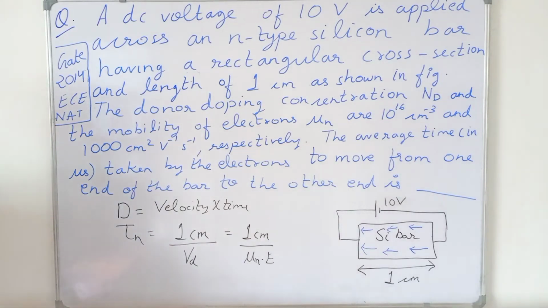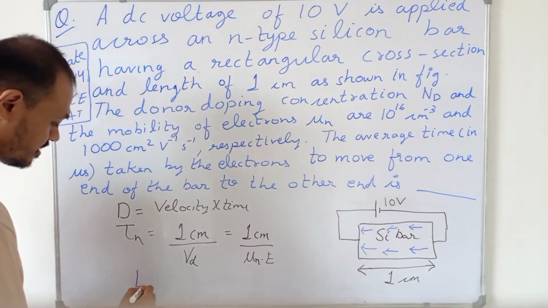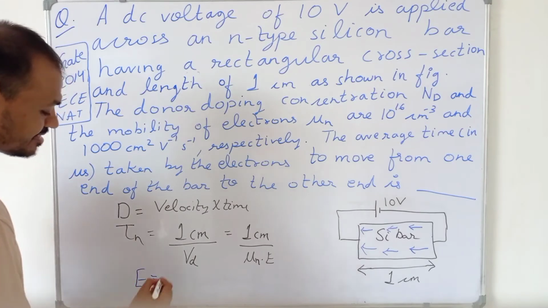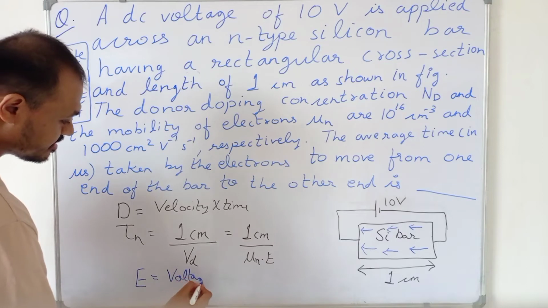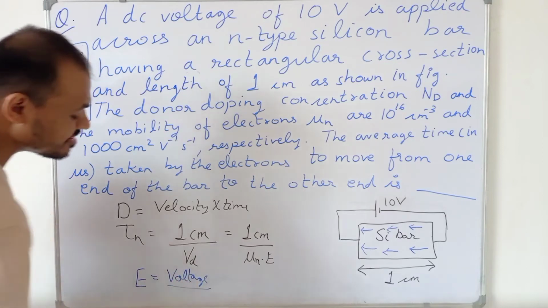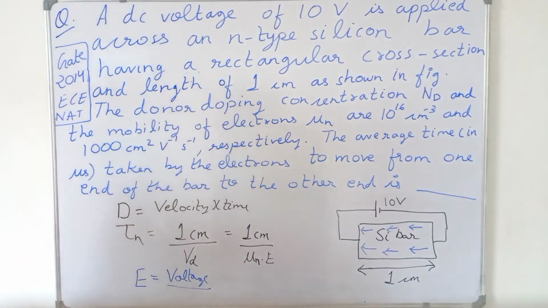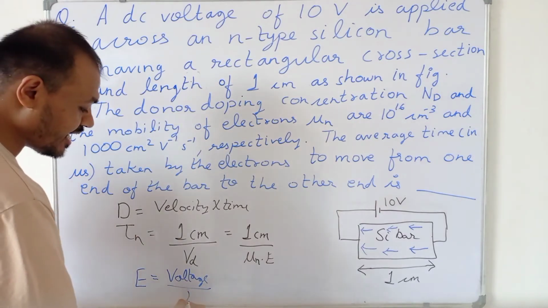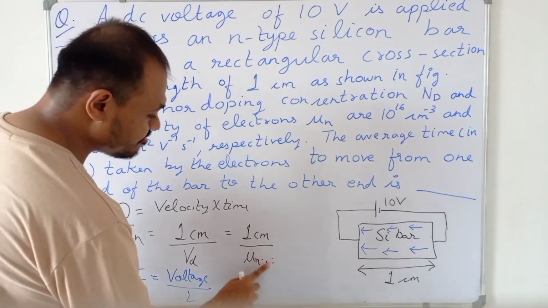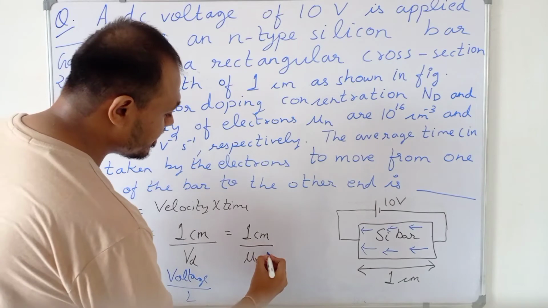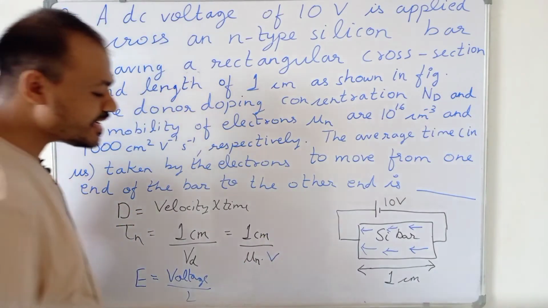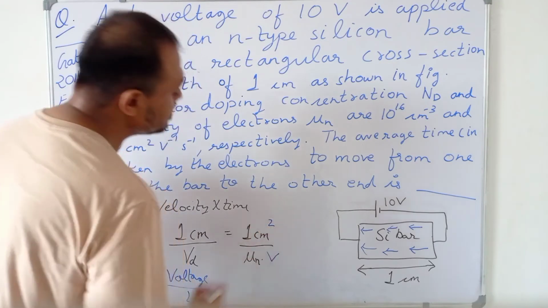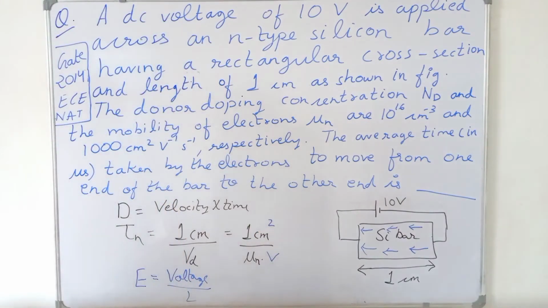Now, the formula for electric field is voltage upon distance, voltage upon length. So length is again 1 centimeter. So voltage upon L. When the L goes into the numerator, it will become centimeter square. So this will be 1 centimeter square upon mu n into V.